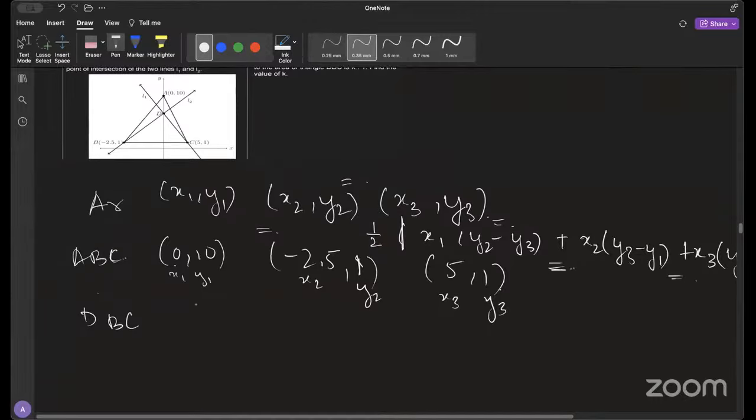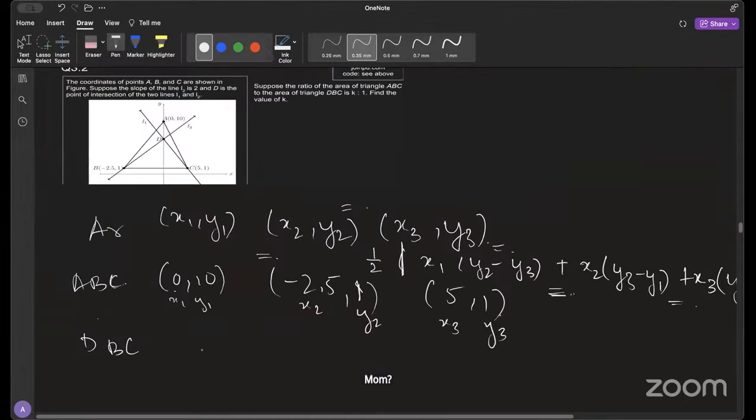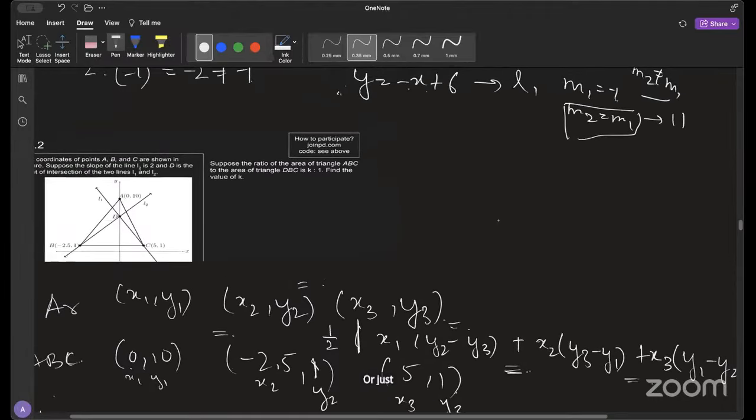Ma'am, I have one doubt. Do these 3 points need to be in anti-clockwise direction, as the professor has told in lectures, or is the order just important in the formula? No, the order is not important.